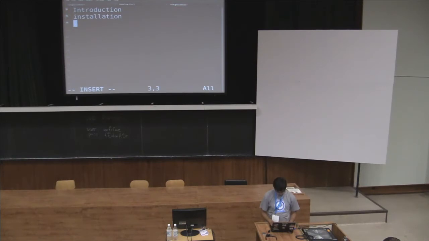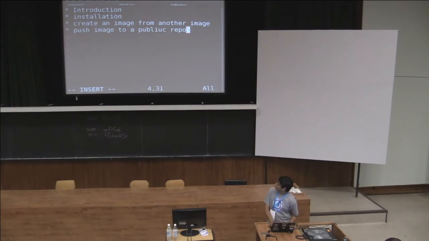Right, so we'll create an image from another image. Tell you what, we'll try to push the image to a public repo so that others can download it, for collaboration.